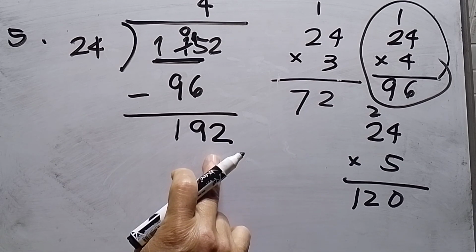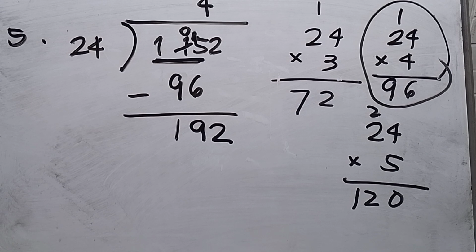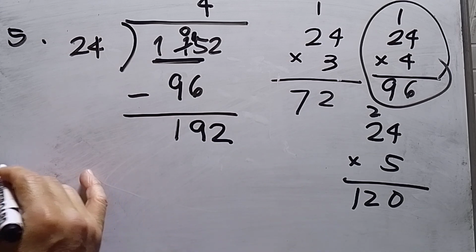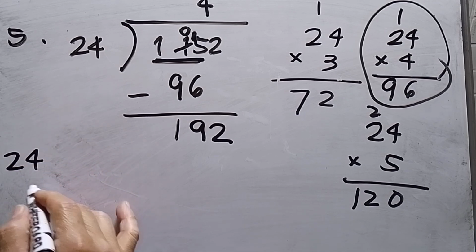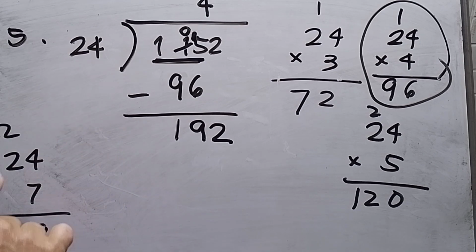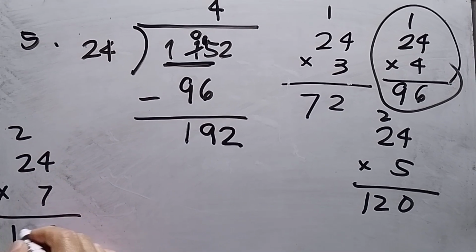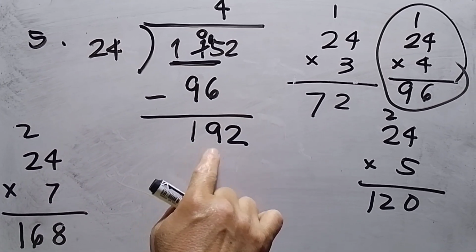So 192 is divided by 24. So let's try or estimate. So let's say 24 times 7. This is 28, carry 2. 2 times 7, 14. Plus 2, 16. But we need to raise because this is 192.